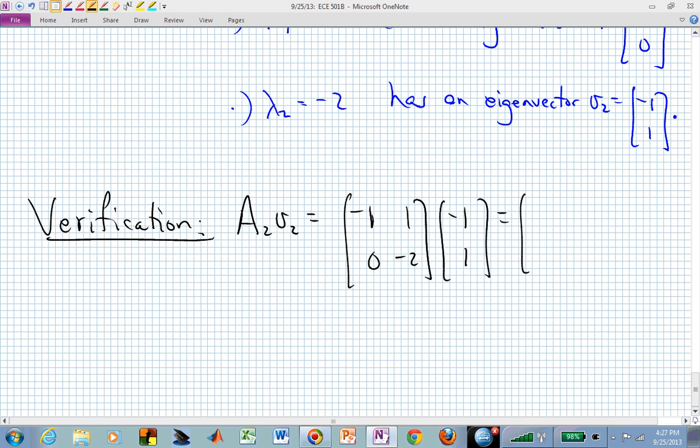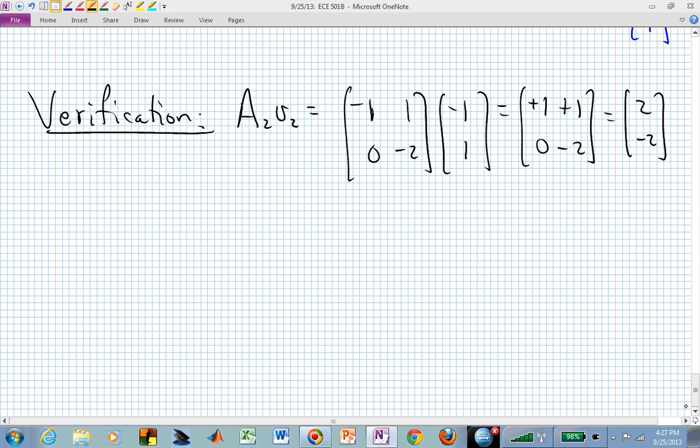That says we take -1 times the first column and add that to the second column. We now have -1 times (-1, 0). That's the first column scaled by -1. And we add the second column. But in fact, that's -2 times (-1, 1).